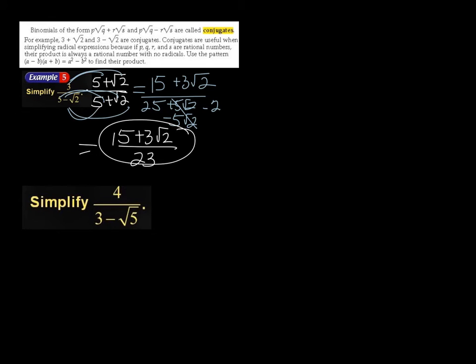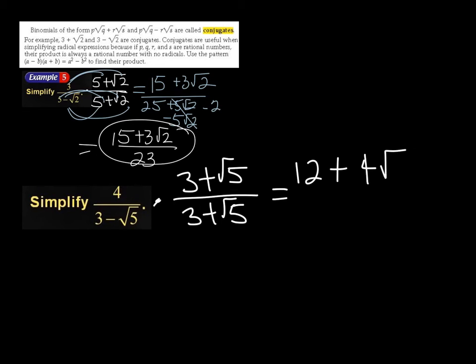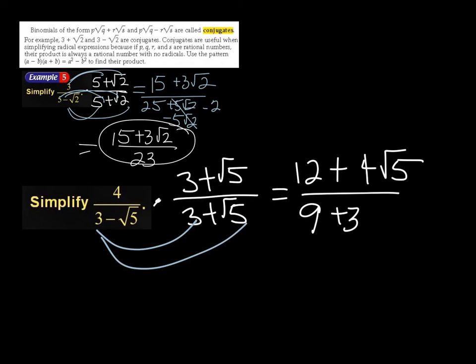That was interesting enough. I thought we might look at another one of those. So the conjugate of this denominator is going to be 3 plus square root of 5. And as we multiply, 4 times 3 is 12, plus 4 square root of 5 over 3 times 3 is 9. Plus 3 square root of 5, here it comes, minus 3 square root of 5, and then minus square root of 25, which is 5.